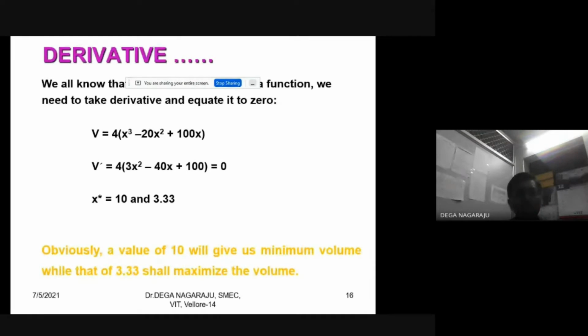Even from a research perspective, if something is mathematical modeling oriented, we need to develop the expression, and then prove whether the expression developed is convex or concave.